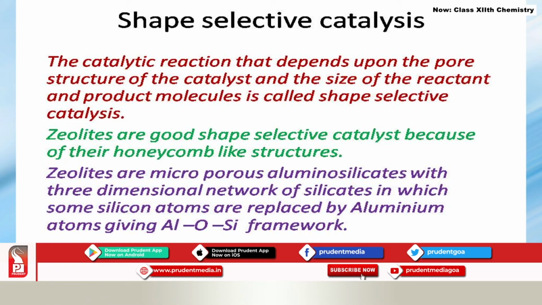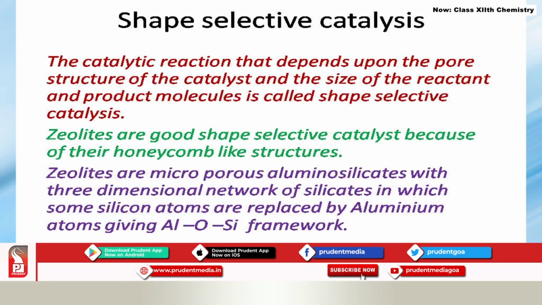Shape selective catalysis is another interesting topic of catalysis. Here, the pore structure of the catalyst and size and structure of the reactant and product molecules decide whether the reaction is going to occur or not. The catalytic reaction that depends upon the pore structure of the catalyst and size of the reactant and product molecules is called shape selective catalysis.